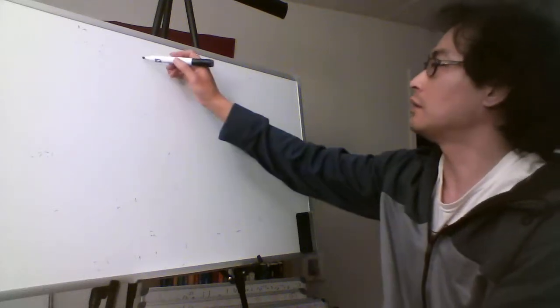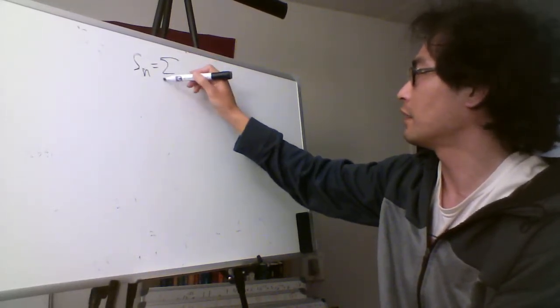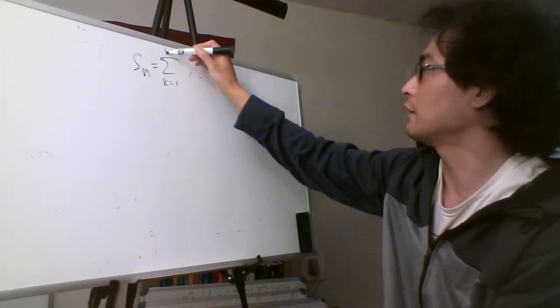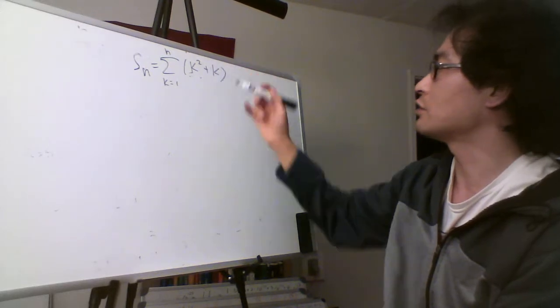Okay. Potentially, Sn is equal to what? Sigma k from 1 to n, k squared plus k. It's our conjecture, our hypothesis.